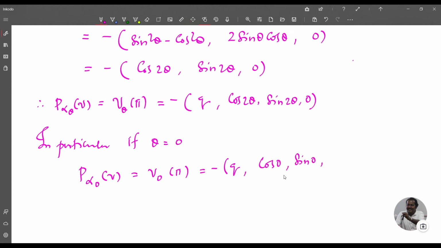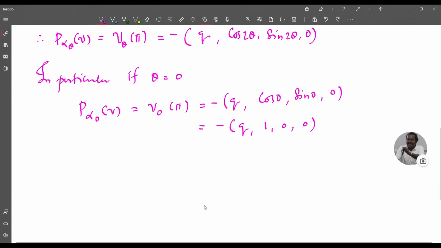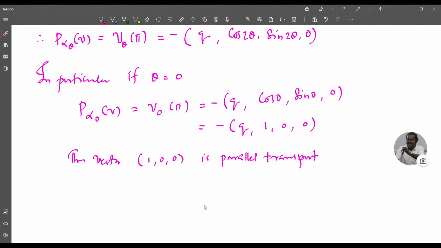So this is minus, acting at Q, negative of cos 0, 1 0 0, that is this vector. The meaning of this is the vector 1 0 0 is parallelly transported to minus 1 0 0 along alpha 0 of t. So this is the meaning of this.